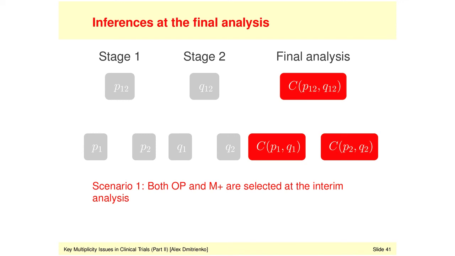In this case, when we take a look at the decision rules to be applied at the final analysis, we simply gather all of the information that was collected up to this point, and we apply the combination function to derive the p-values within each one of the boxes. Again, the top box corresponds to the intersection hypothesis, and the boxes at the bottom of this diagram, I'm referring specifically to the final analysis, correspond to the null hypothesis of no effect in the overall population, and then the hypothesis of no effect within the subpopulation.